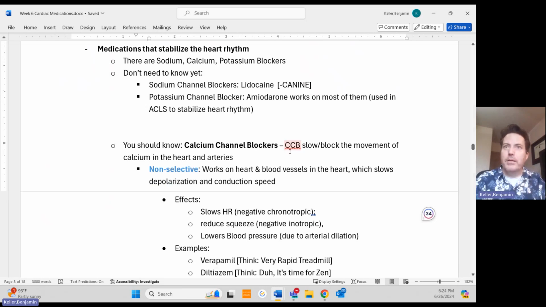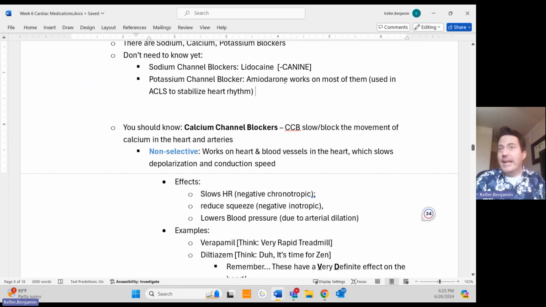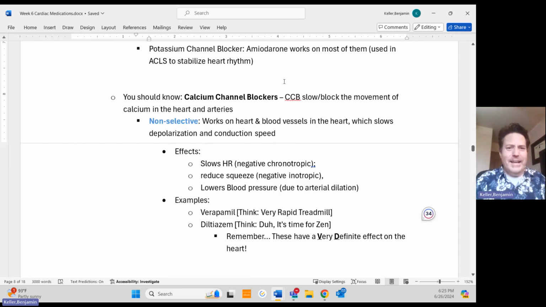It's a caine, blocking sodium. That's how it works. Really cool. Potassium channel blockers are like amiodarone, and amiodarone actually works on most of those channels, which is why it's such a great drug to stabilize the heart rhythm. And we use this in ACLS, so then it all comes together. Eventually, trust me, folks, you'll love this when you get a little further along. It gets really cool.